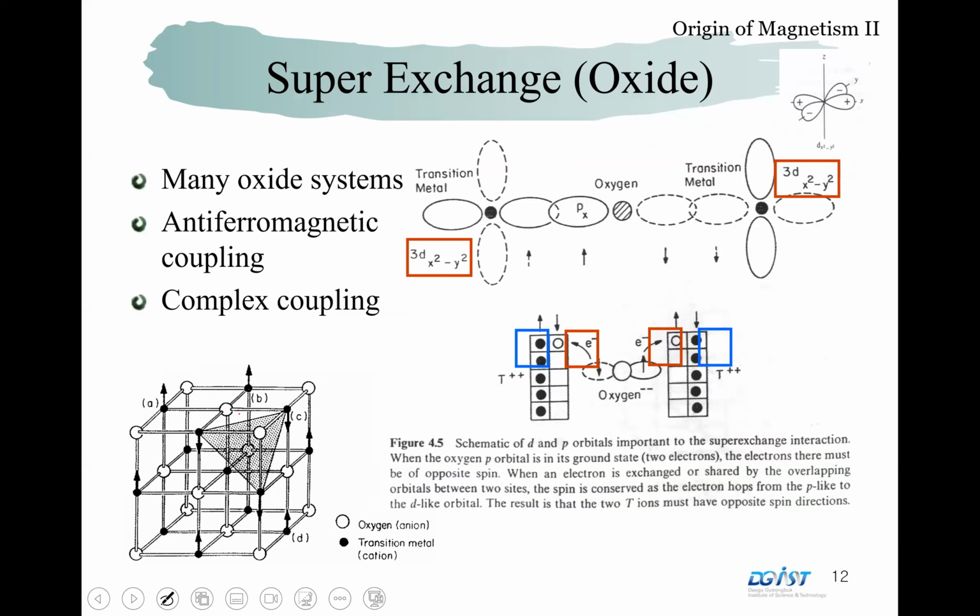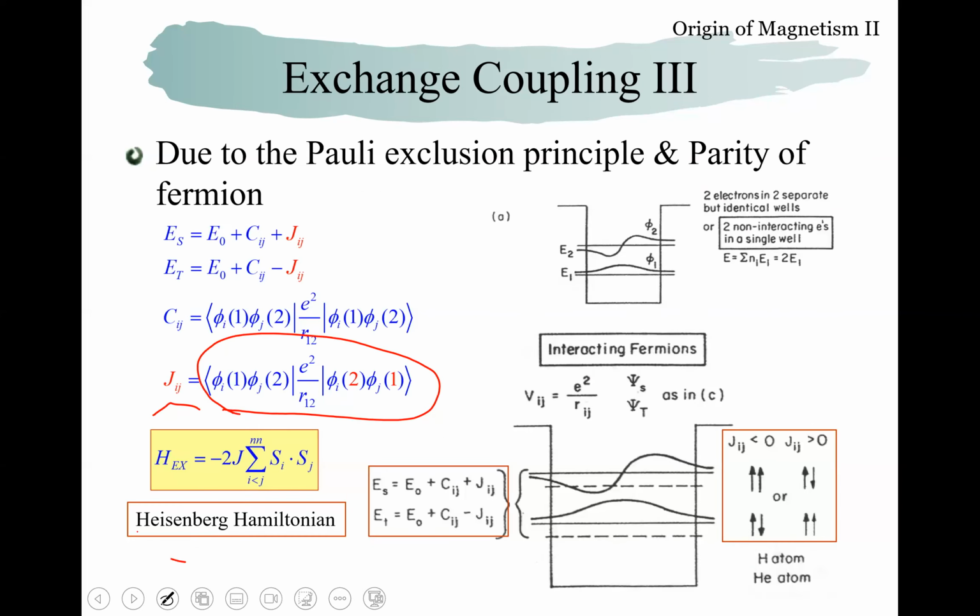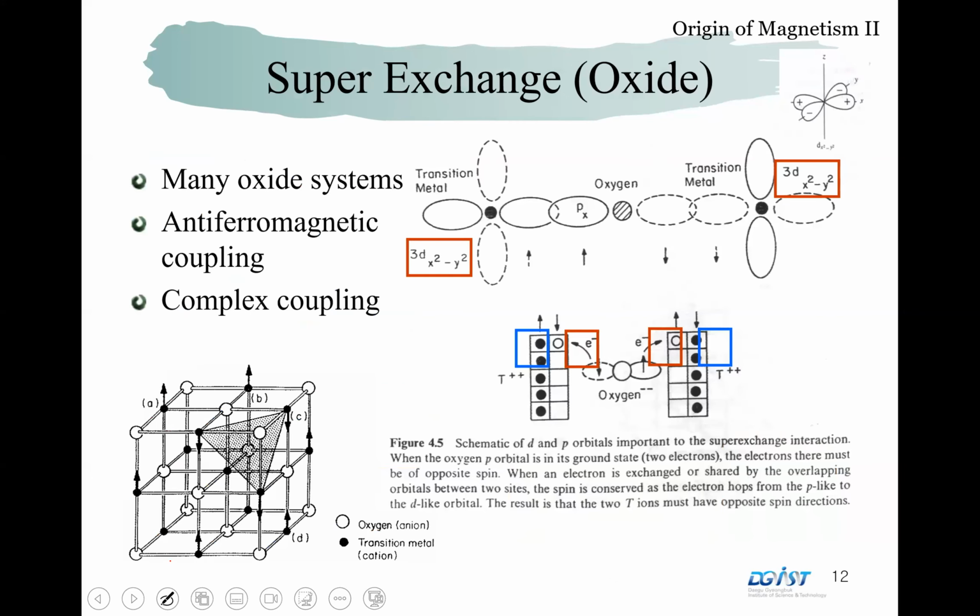Such exchange is called the Heisenberg exchange, but there are many more kinds of exchange coupling. One of the very important ones is super exchange. Super exchange exists in many oxide systems, so if you are studying oxide systems, you may have heard about super exchange many times. The basic idea is here. If you have two transition metals separated by oxygen, there's some coupling between them through these oxygens.